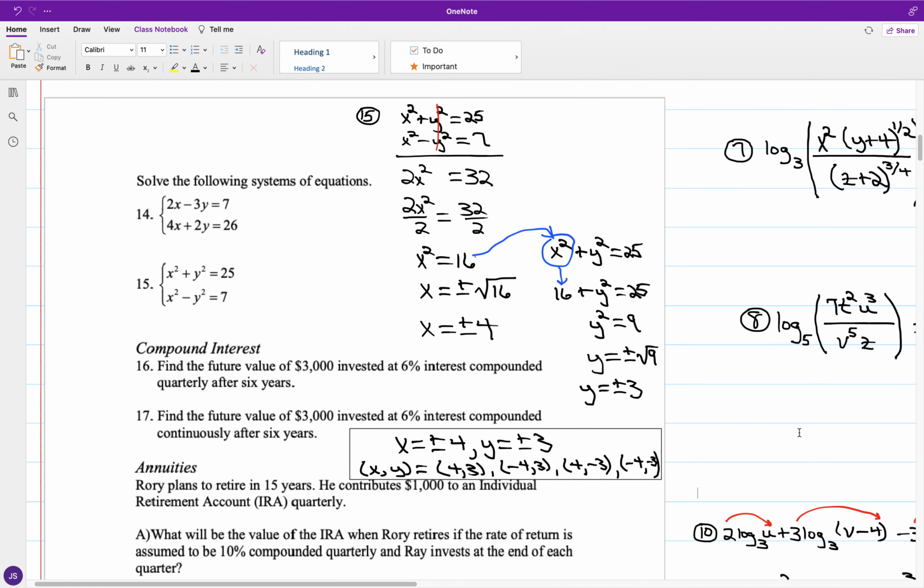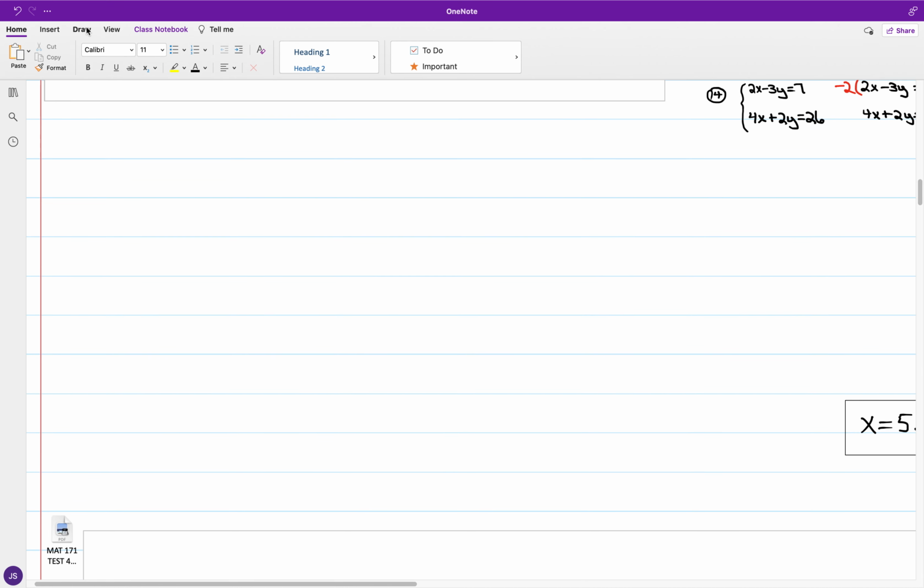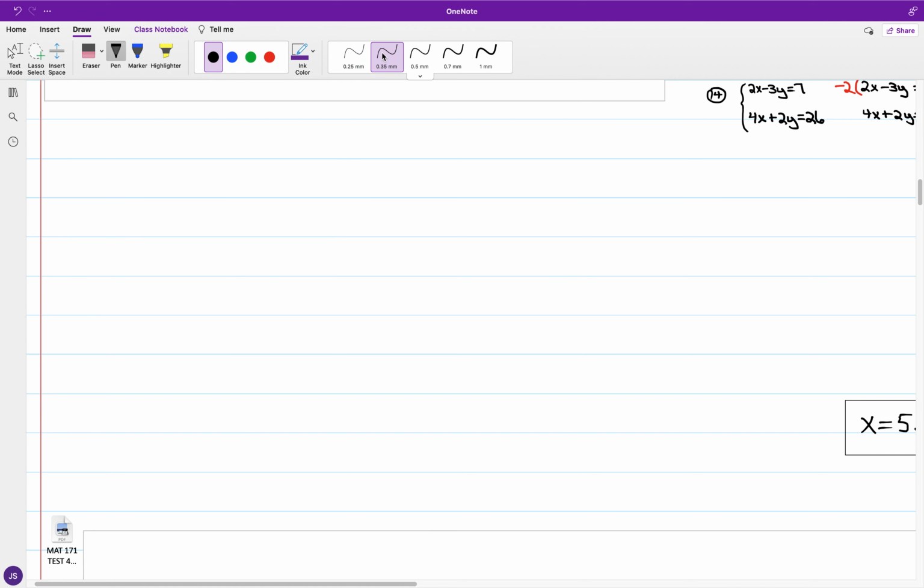Okay, and just rounding out the rest, we have numbers 16 and 17. We have the same principal at 3,000, and we have the quoted percentage rate at 6%. The time span will be 6 years, and the difference will be in the frequencies, with quarterly compounding in number 16 and continuous compounding in number 17.